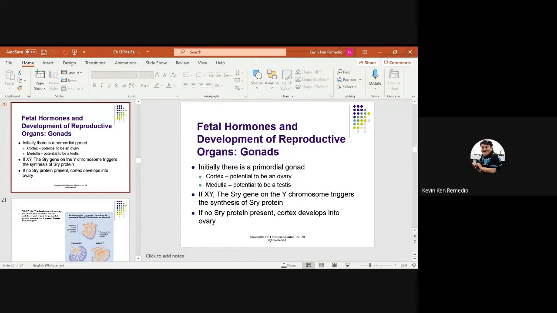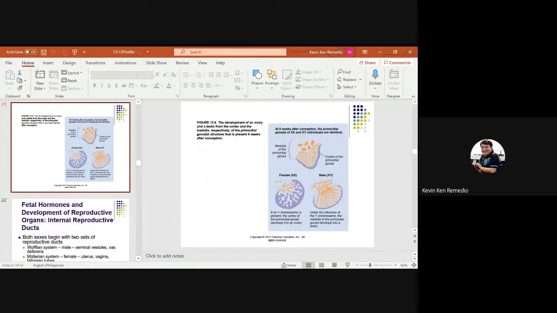So mangutana mo, sir, what if sir lalaki jud unsa may mahitabo sa cortex nga dili man siya mahimong ovary? So ang mahitabo class, it will just disintegrate. Same goes with the medulla. Kung babae, of course, kay dili naman mo develop dapat ang medulla, kay testis man siya, okay, so may disintegrate lagi siya. Okay?